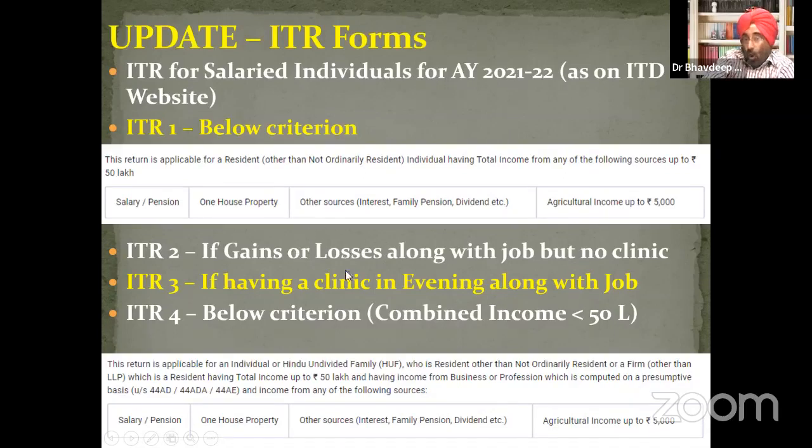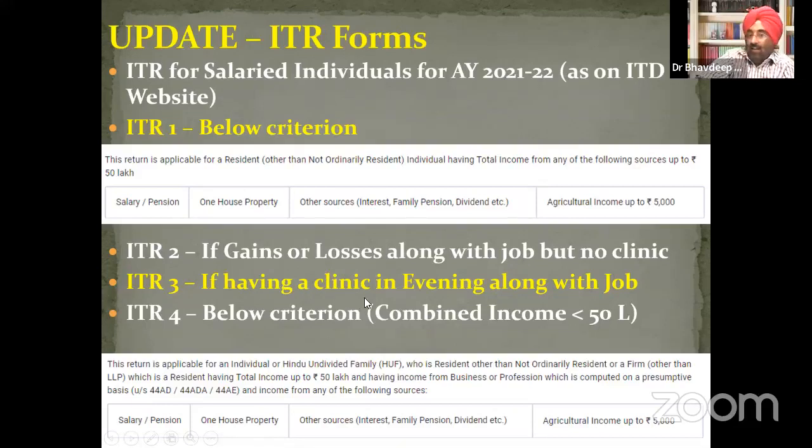If you need to offset that loss against your salary income, you need to file an ITR 2. कि मेरे को तो 20,000 इसमें लॉस हो गया, offset the loss against your income. This is what the government did when they said crypto is an illegal currency, the losses will not be allowed to offset against any of the things. You can offset your losses also. It is not only the gains you have to pay tax on.